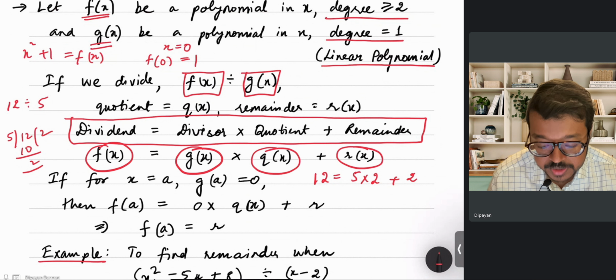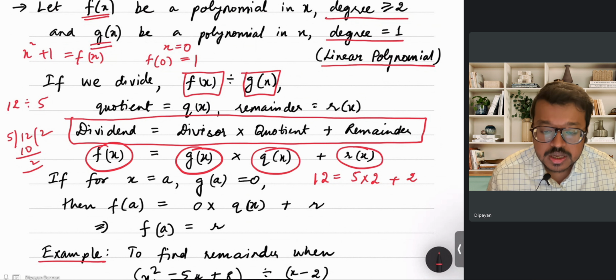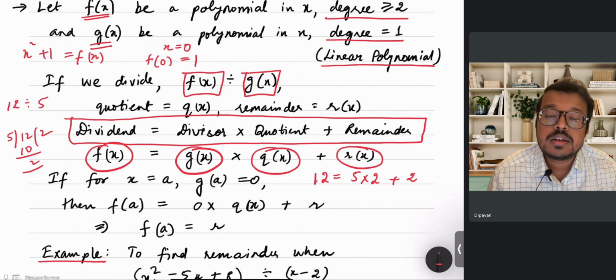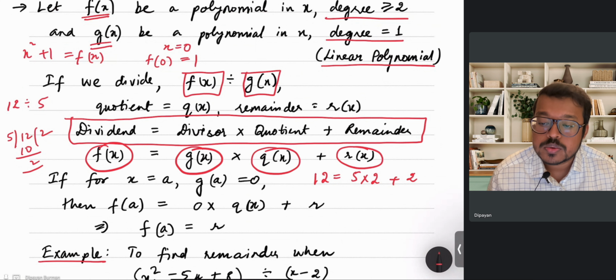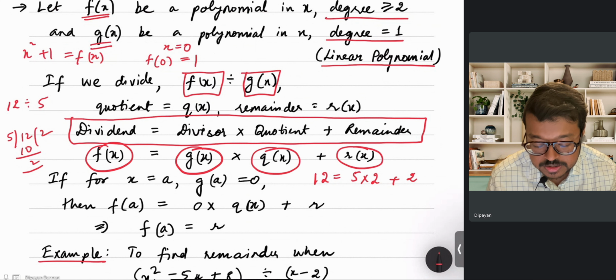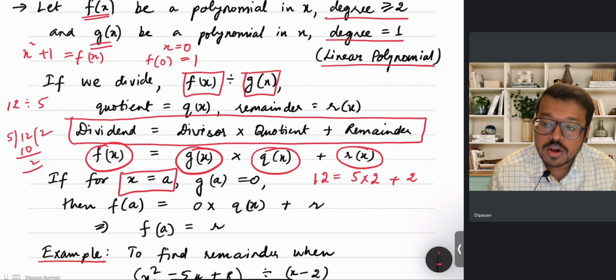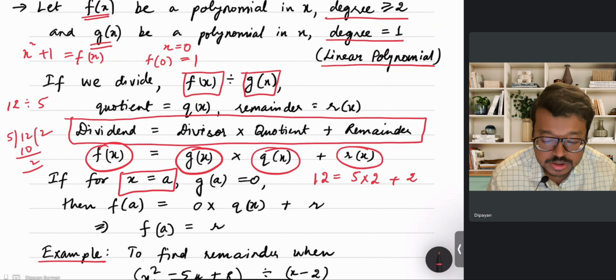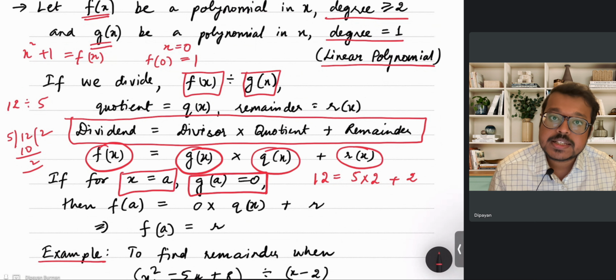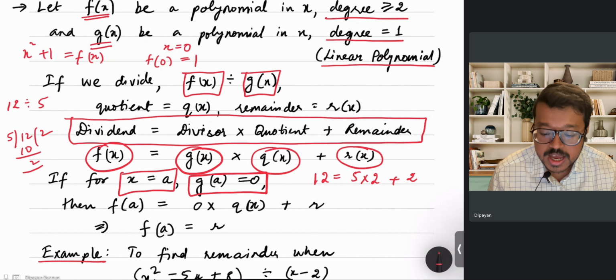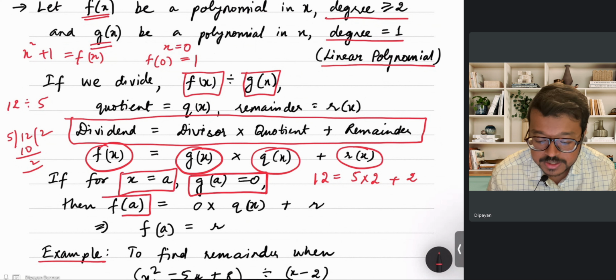Okay. Now here we have to find out for what value of the variable the divisor polynomial will be equal to 0. So for example, if I choose x equal to a and a is some real number for which the divisor g of a will become 0, then for that same value of x, if I substitute in the dividend, I will get the expression f of a.